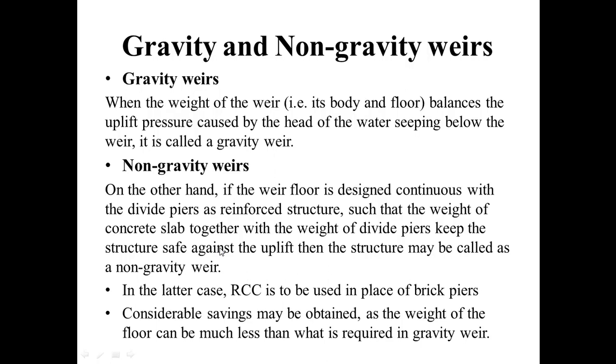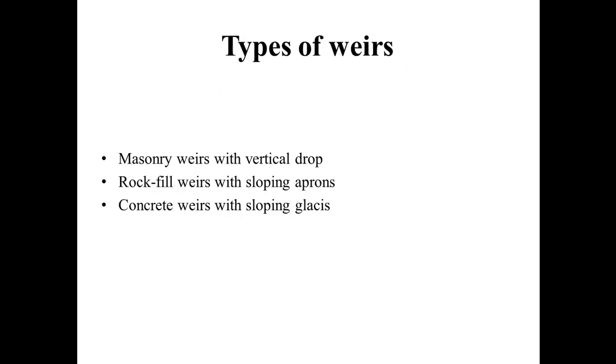Considerable savings may be obtained as the weight of the floor can be much less than what is required in gravity weirs. In the case of non-gravity weirs, as the structure is properly designed, considerable saving may be obtained because the floor thickness is much less than in gravity weirs.